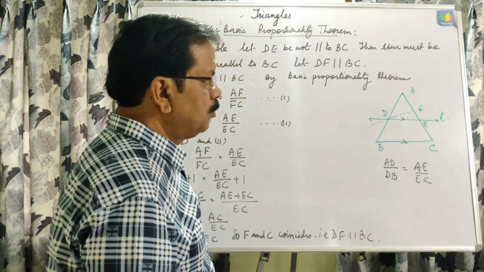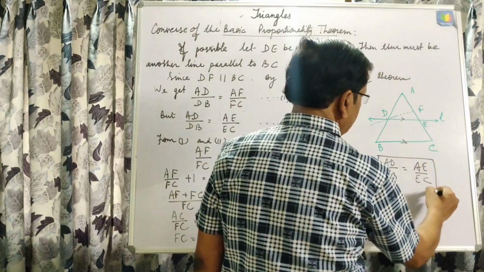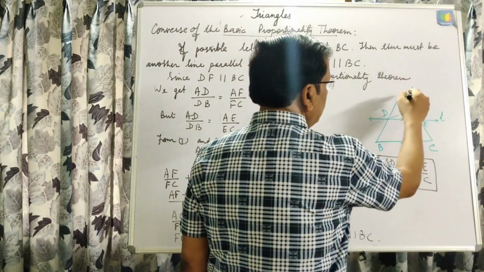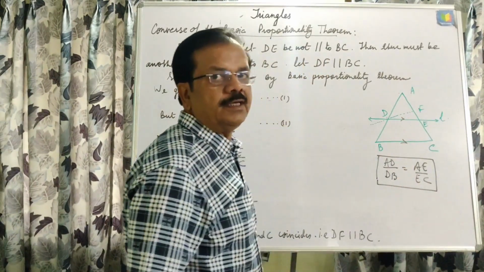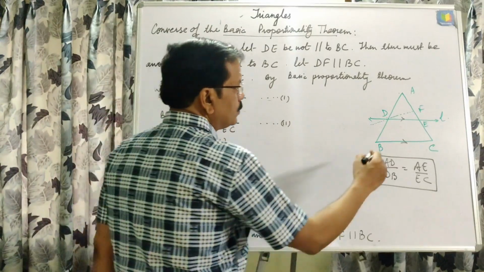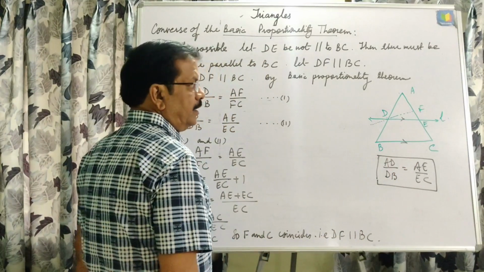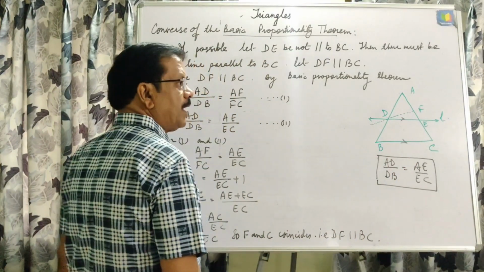Okay, this we have to prove, and by the statement this is given that AD upon DB is equal to AE upon EC. Okay, now suppose this line is not parallel to BC. It means any other line will be parallel to BC.